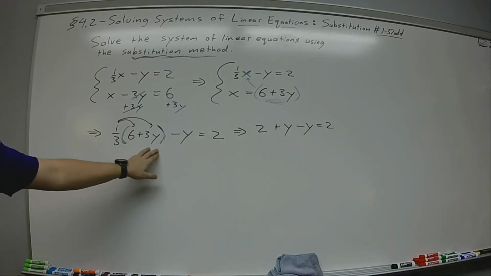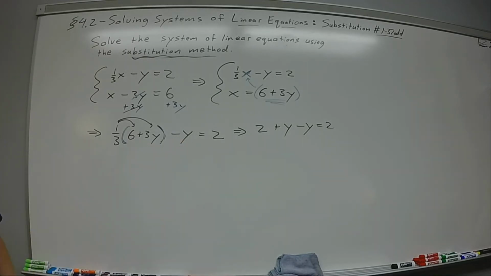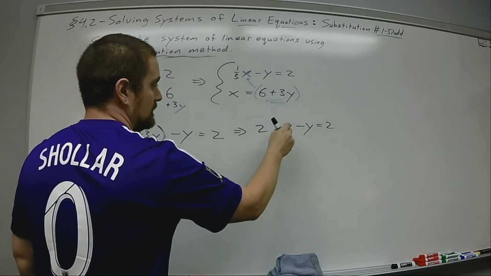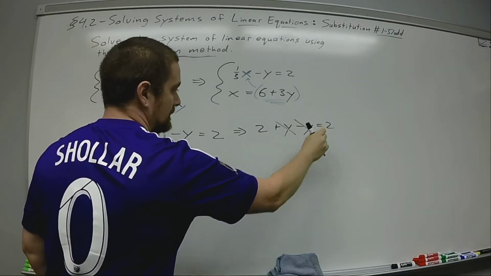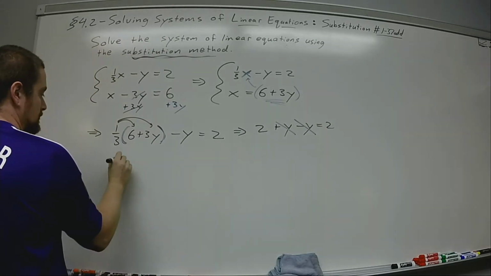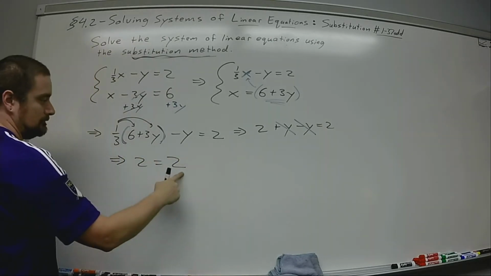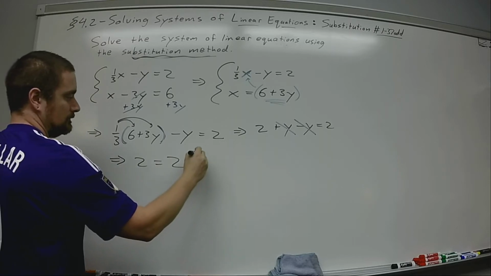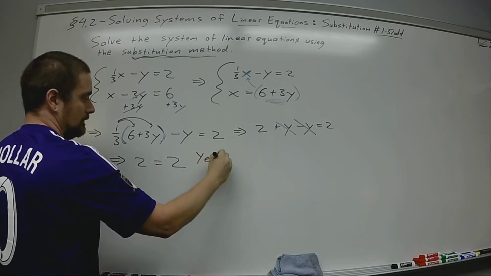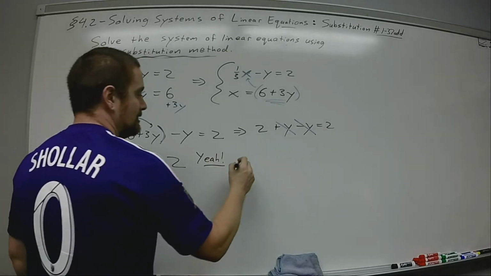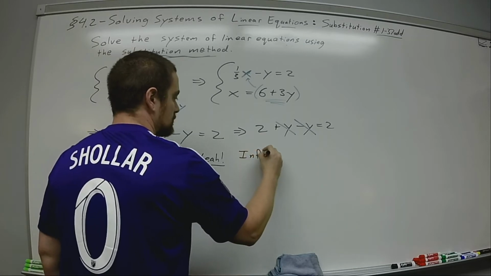So cleaning up that left-hand side, I get 2 plus y minus y is equal to 2. Positive y and negative y cancel each other out, and I'm left with this expression, 2 equals 2. Well, yeah, 2 always equals 2. So this is a case where we would have infinitely many solutions.